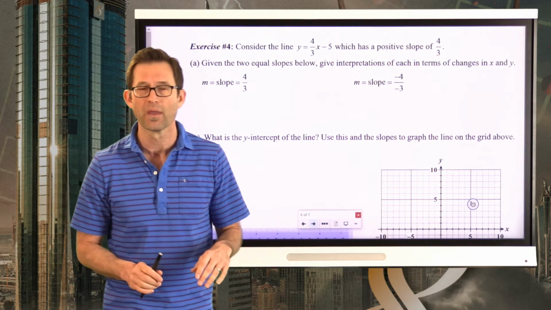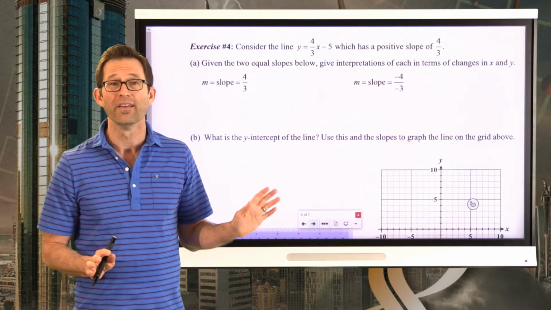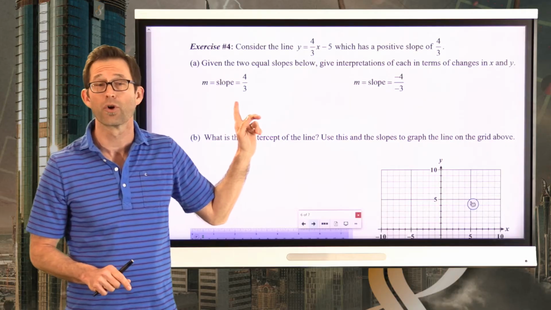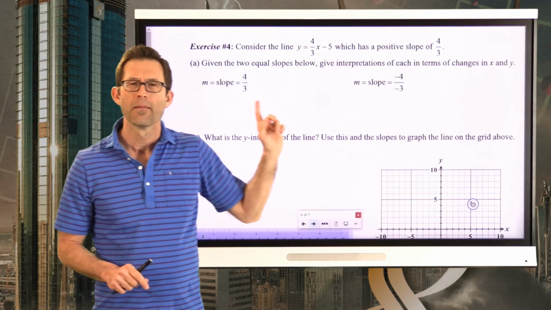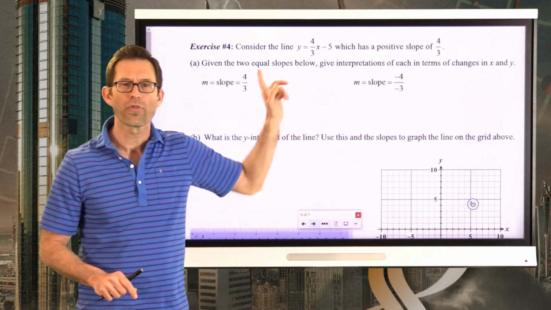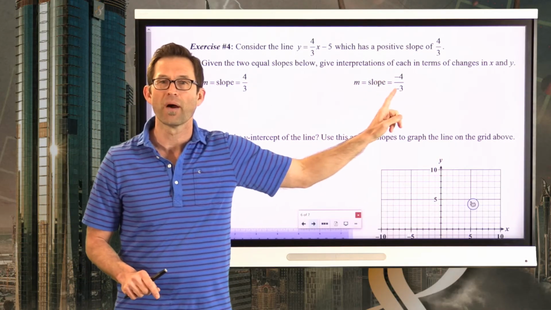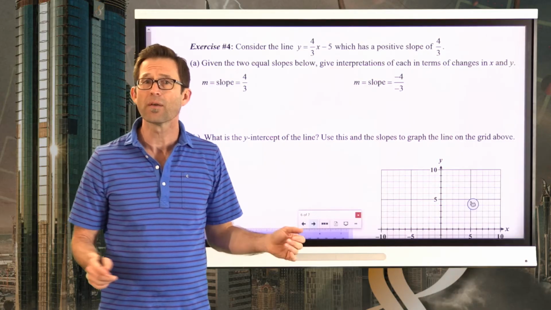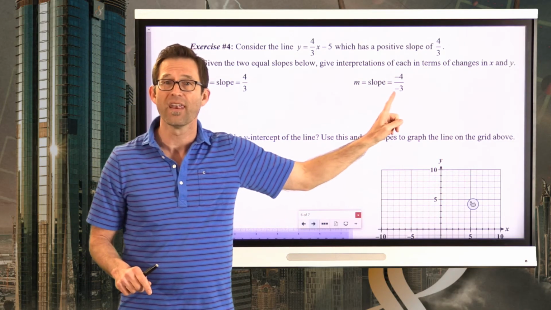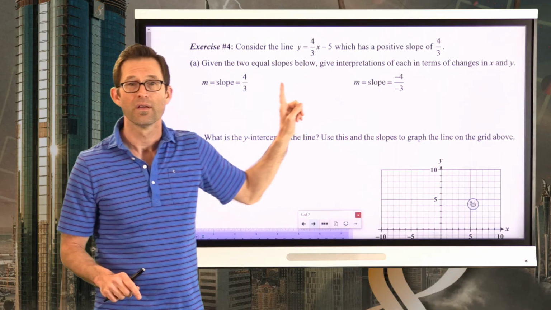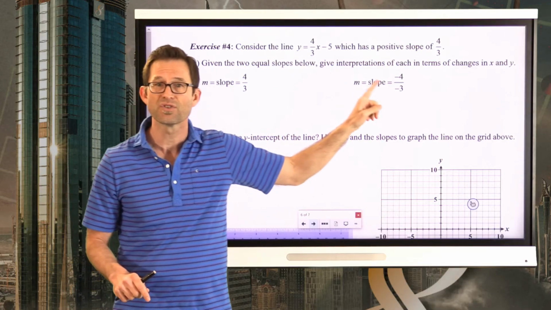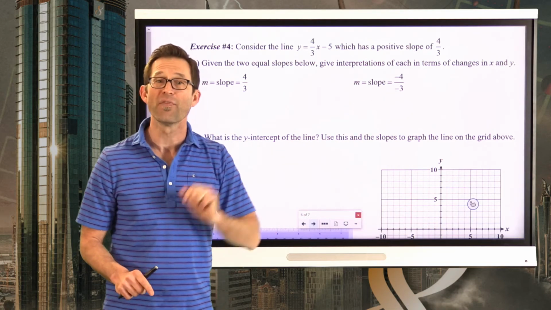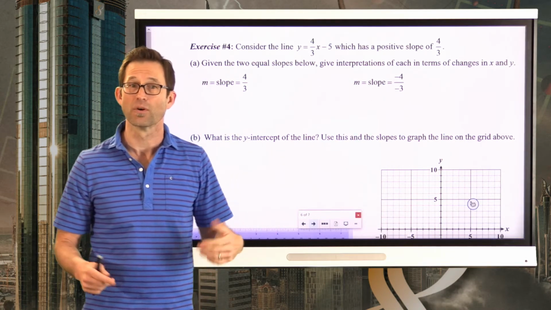I'm sure for nobody is it a problem to say that the slope's 4/3, but make sure you understand that 4/3 and negative 4 divided by negative 3 would be the same thing, because a negative divided by a negative is a positive.